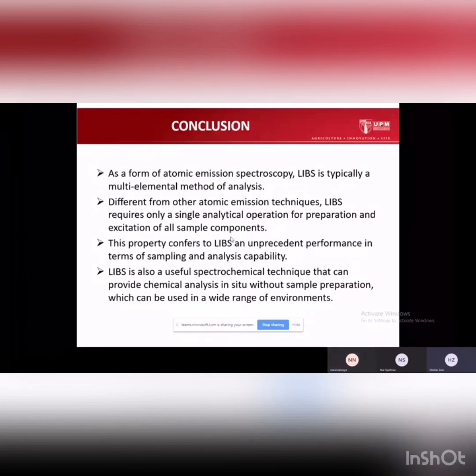So this property confers to LIBS an unprecedented performance in terms of sampling and analysis capability. And lastly, LIBS is also a useful spectrochemical technique that can provide chemical analysis in situ without sample preparation, and can be used in a wide range of environments.